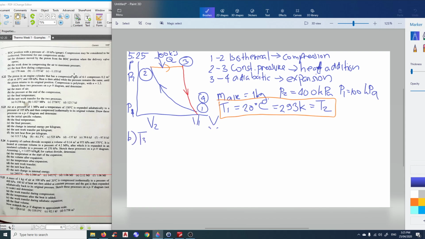Will be T3. So what's T3? So 2 to 3 is constant pressure. So if we use P2 V2 over T2 equal to P3 V3 over T3. Now because it's constant pressure, then pressure 2 and pressure 3 are the same. So we are left with this equation. V2 over T2 equals V3 over T3. We already calculated V2, 0.21.